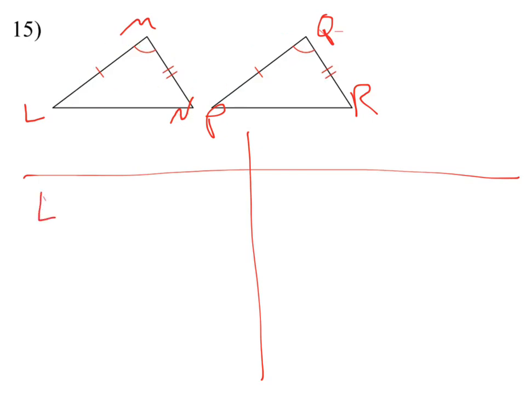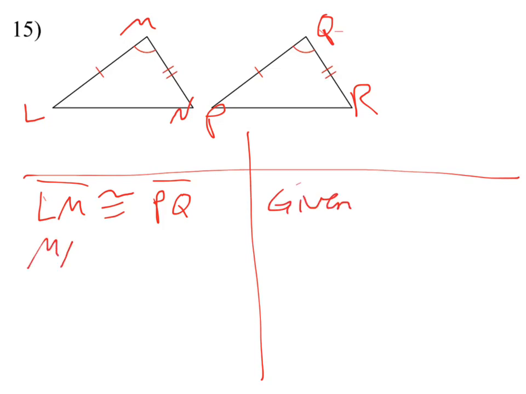And so LM is congruent to PQ. That's a given. MN is congruent to QR. So those sides match. That's a given.